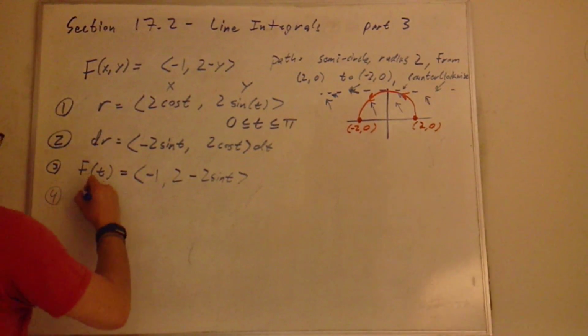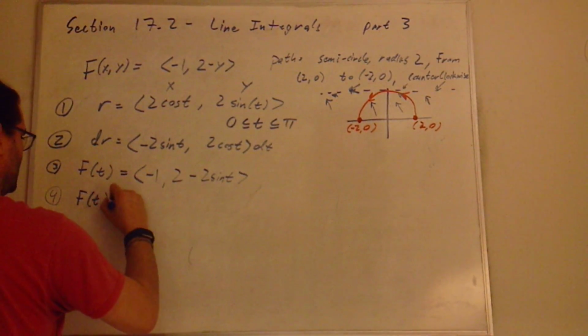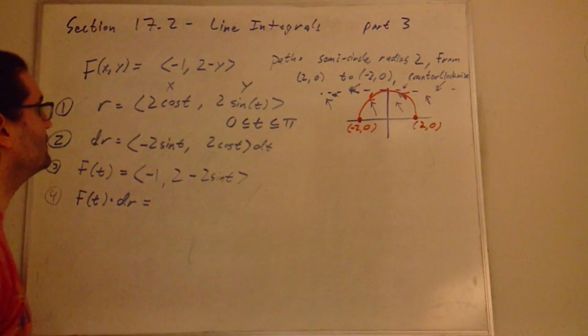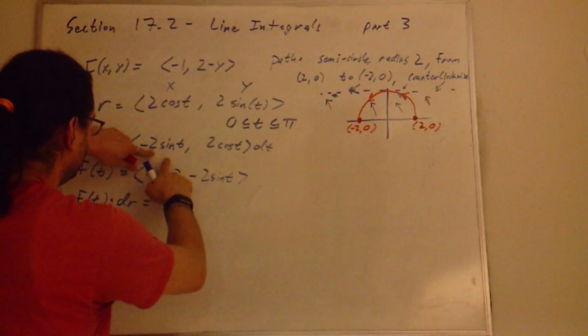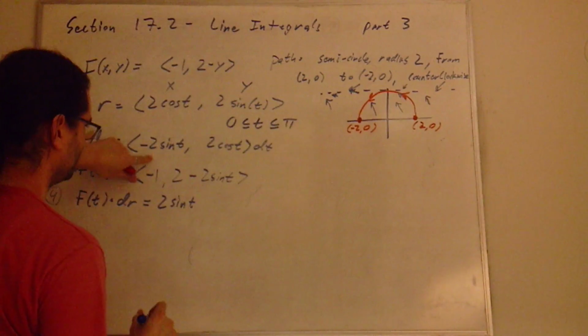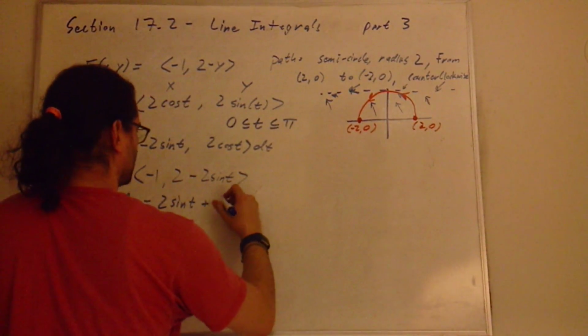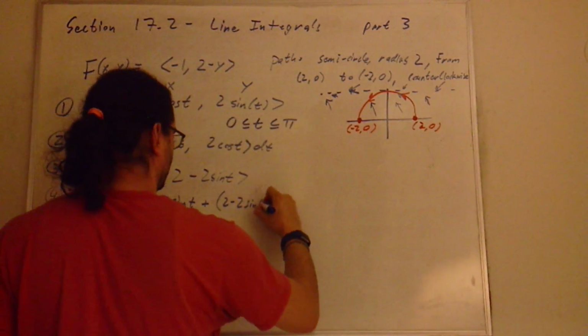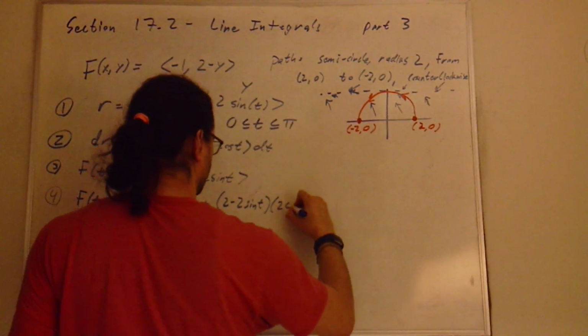Next up, we need a dot product. F of t dot dr should give us 2 sine of t plus 2 minus 2 sine t times 2 cosine t.